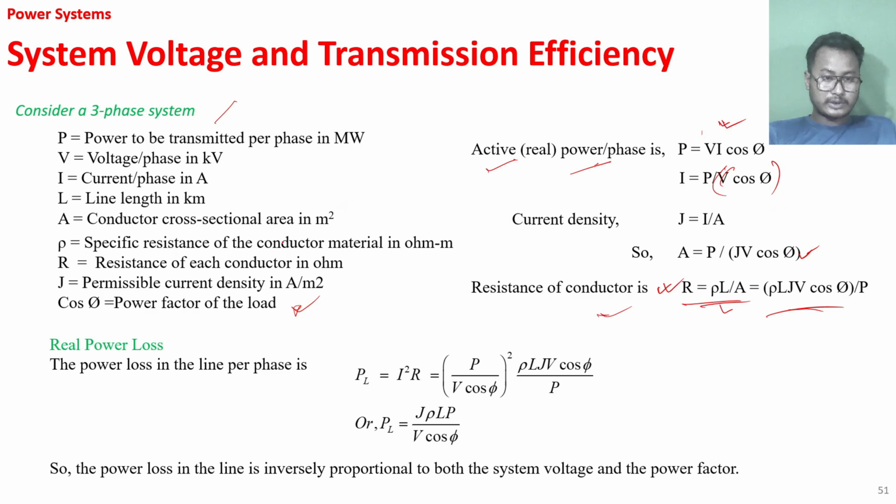The real power loss, that is the power loss in the line per phase, is denoted by PL. That loss is I squared R. Here again the same values are replaced with P by V cos theta, and PL comes out as J rho L P by V cos theta.